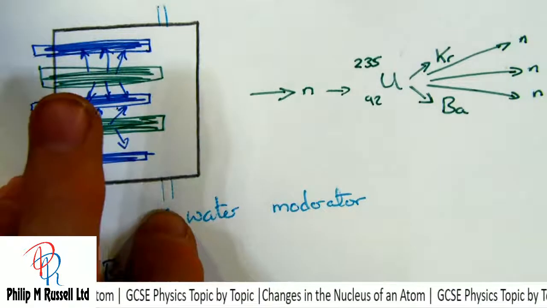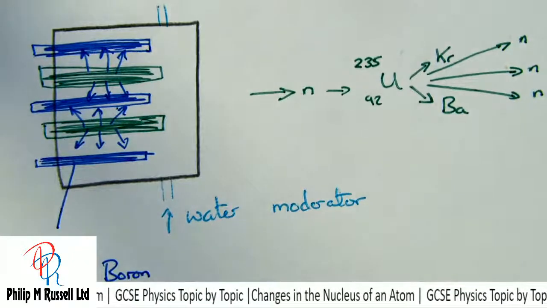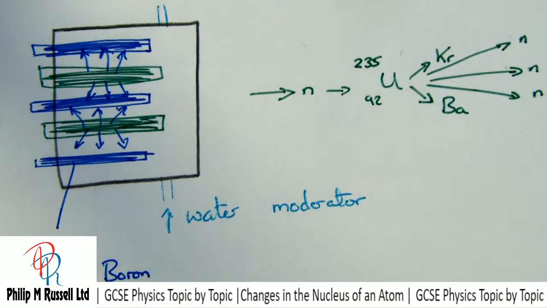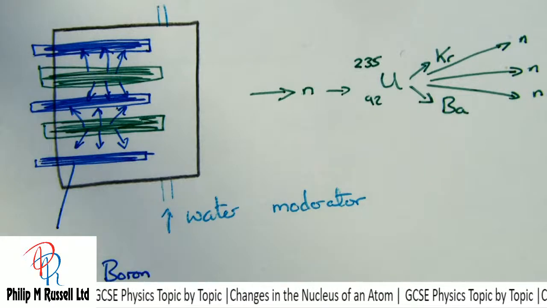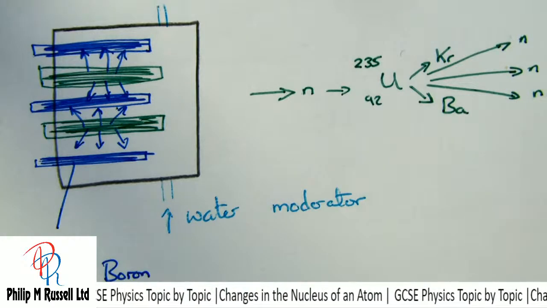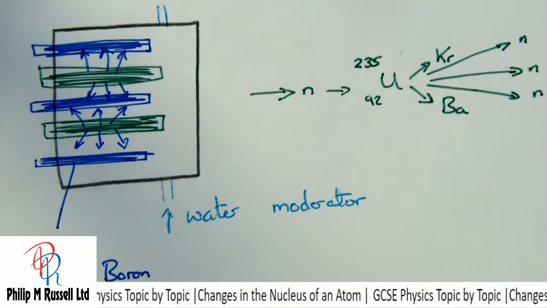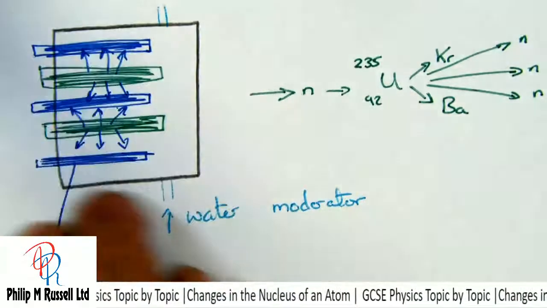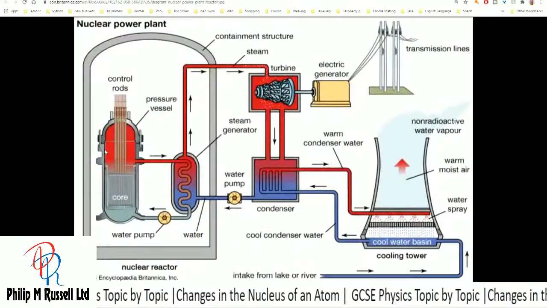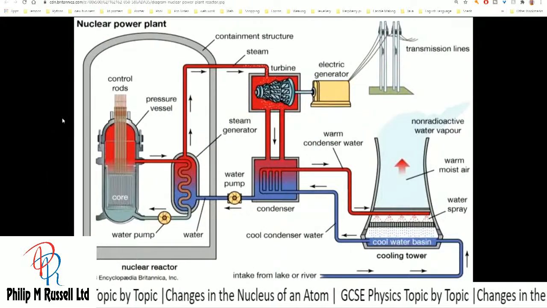We're going to get a runaway nuclear reactor. And the problem with that is after a little while we get a nuclear meltdown, or worse still, a nuclear explosion. So let's look at what's going on here.